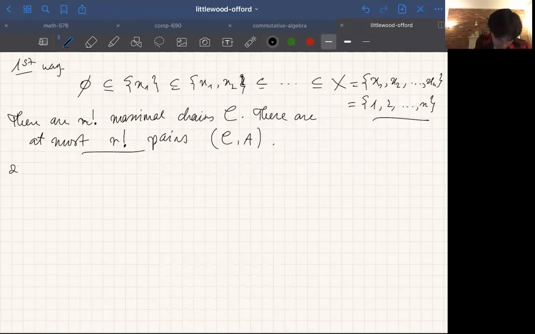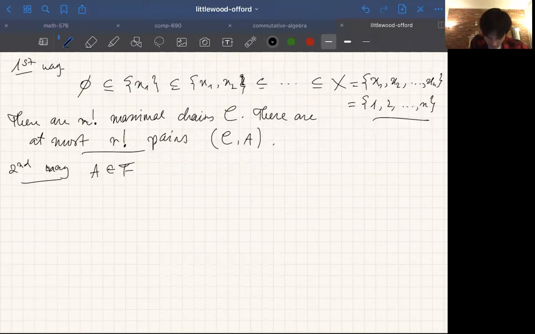Second way of counting the number of pairs is to fix an A inside our antichain F. How many maximal chains actually contain A? Let's say A has k elements.